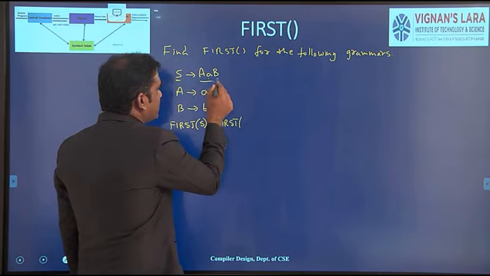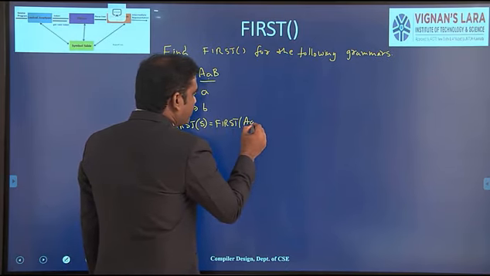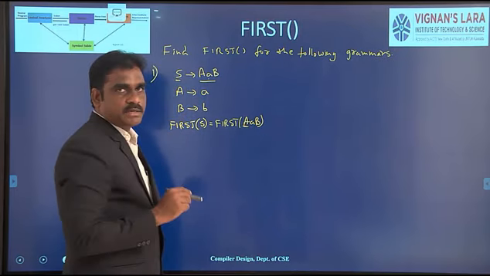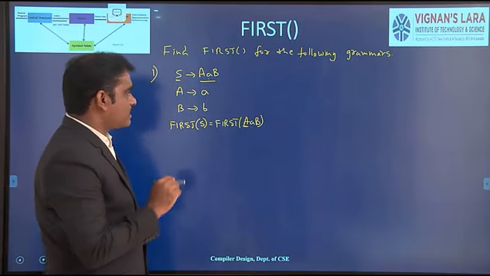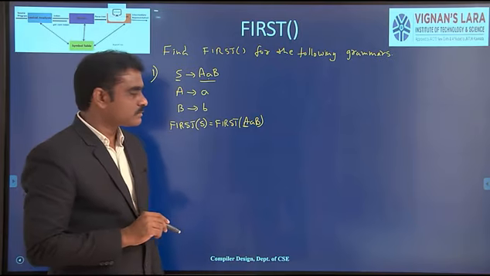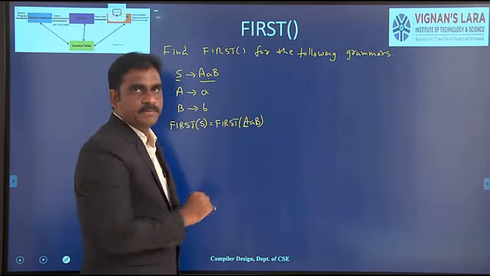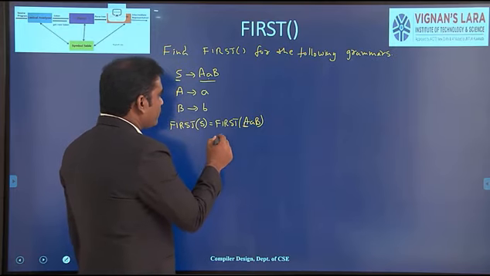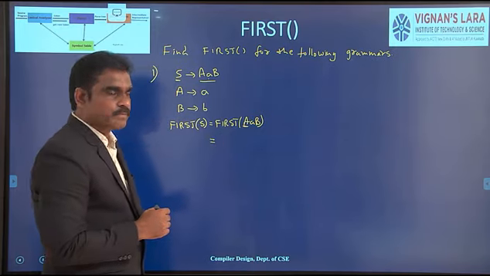So this is the right hand side production, first of AAB. But here we have to take only the first symbol. We are mainly concentrating on the first symbol, first of A. What is first of A?